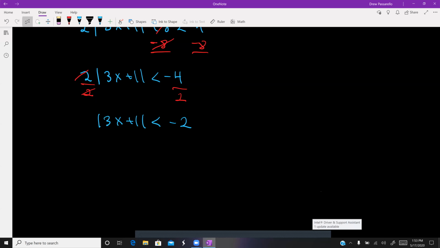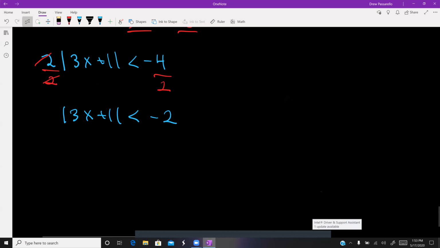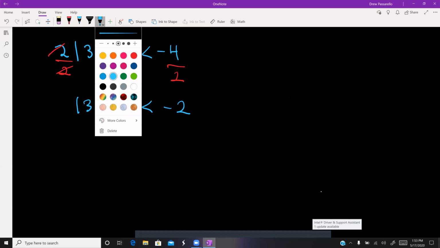All right, I'm going to stop here because I'm not going to actually use the definition, because it's going to require our knowledge of absolute value. Now, I'll put this in green.